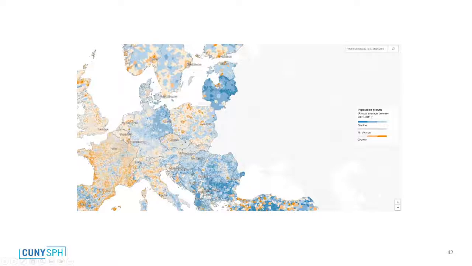Then this type of palette is really easy for our brain to understand, and we can see where there is more decrease and where we have more increase of population in a quick glance at this representation.